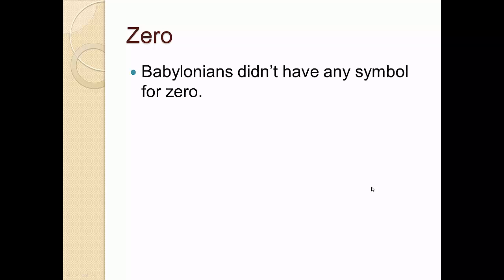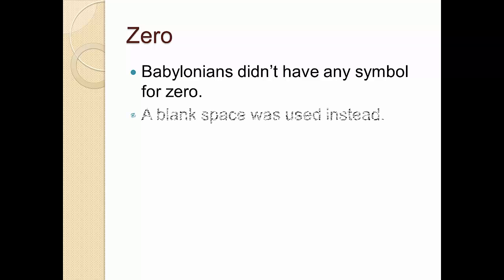Besides the absence of a radix point, Babylonians also didn't have any symbol for 0. Instead, a blank space was used to mark the non-existence of a digit in a certain position. However, this is far from satisfactory because sometimes it's hard to tell whether two digits are separated by one or two blank spaces.